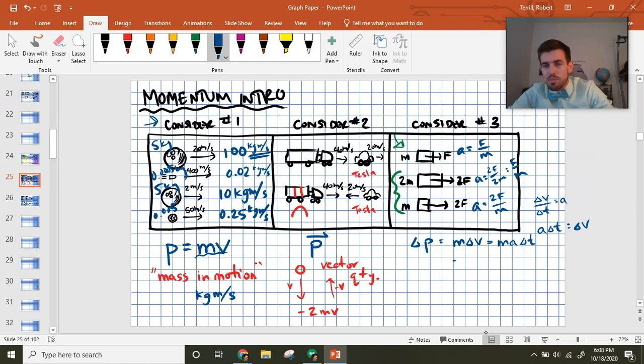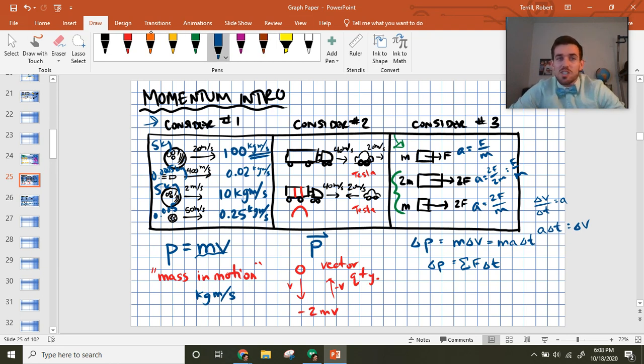And then the final piece is I could change m a and treat that as the net force acting on it. So then the net force times delta t is the same thing as the change in momentum. So that was a math proof. I accidentally got more mathy in there than I meant to when I started the video.